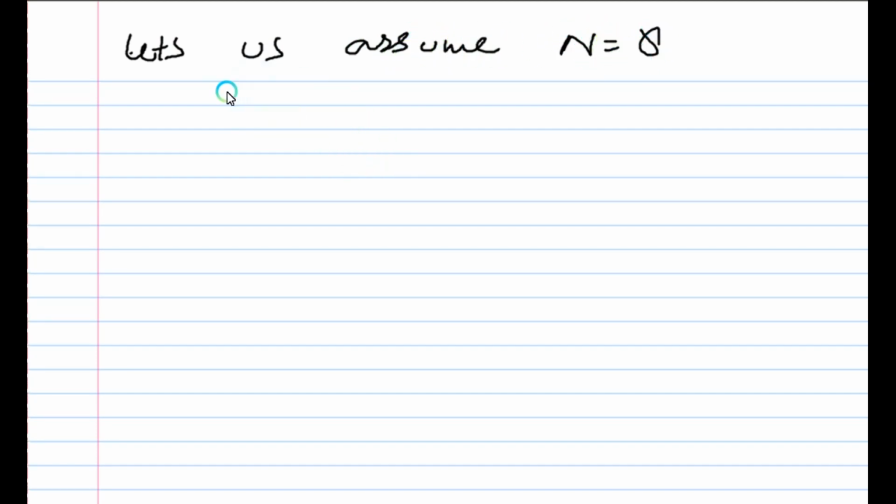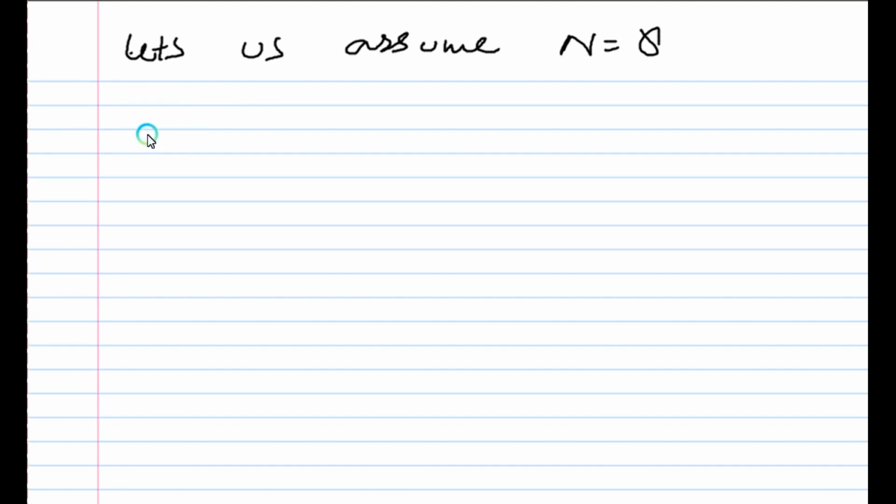So what we have done is that now let's take an example. Let's assume capital N, the number of samples we have taken, is 8.